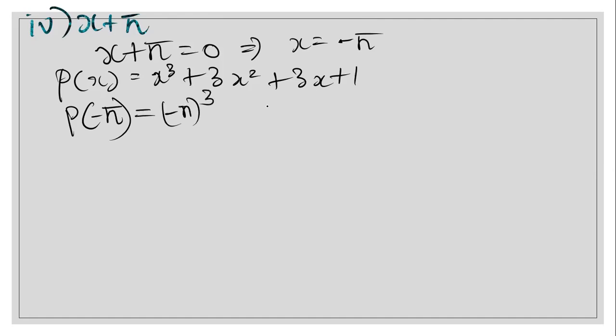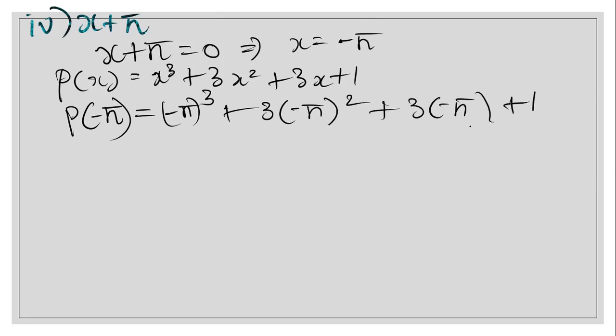So minus pi whole cube plus 3 into minus pi whole square plus 3 into minus pi. Remember to be careful of the sign. Again, I'm telling you. So minus pi cube, this will be minus pi cube. Minus pi square is nothing but pi square. When minus is squared, what will happen? It will become plus, right?